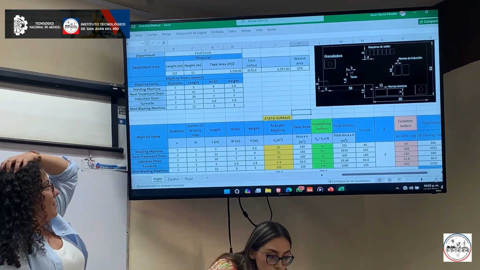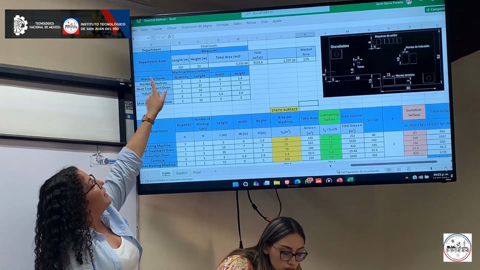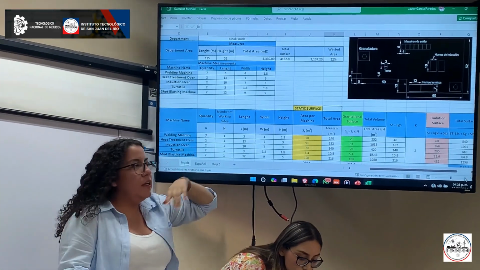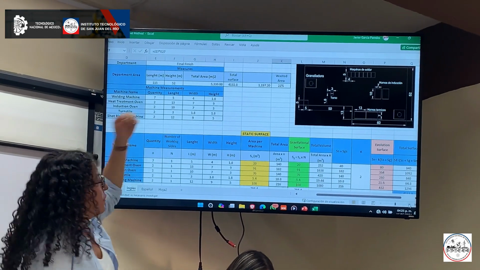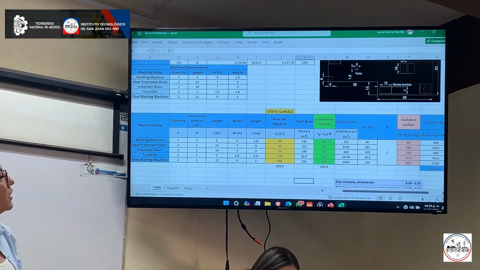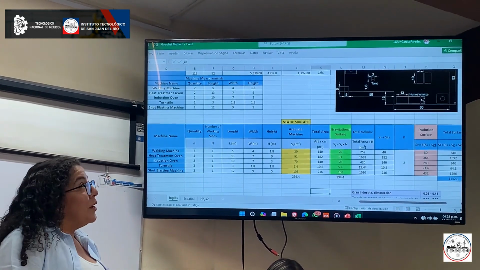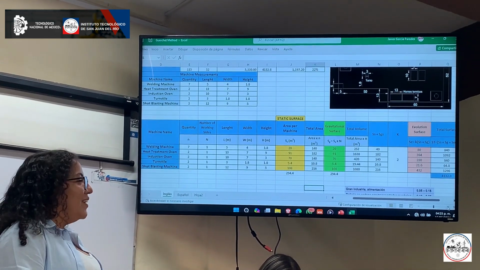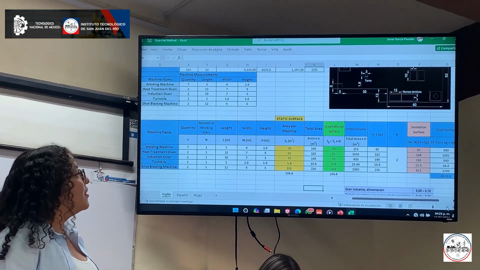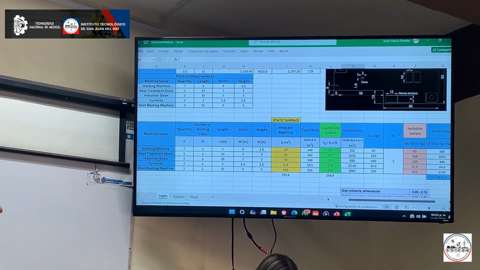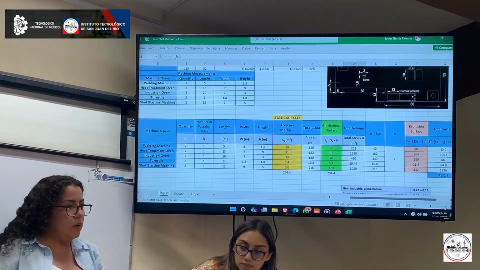I skipped something really important, which is the length and width of the layout, which gives us the total surface, which is 5,330 square meters.